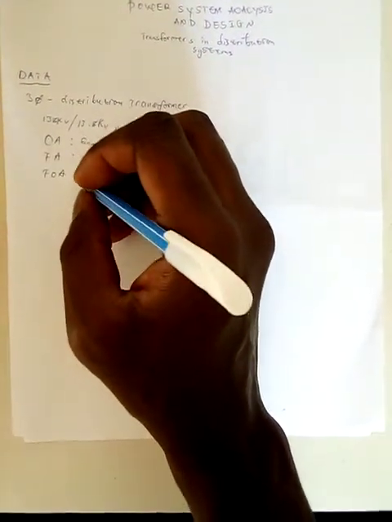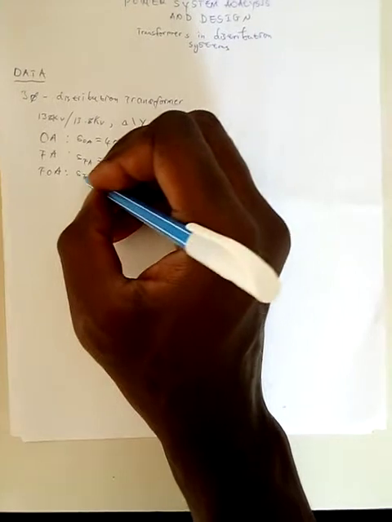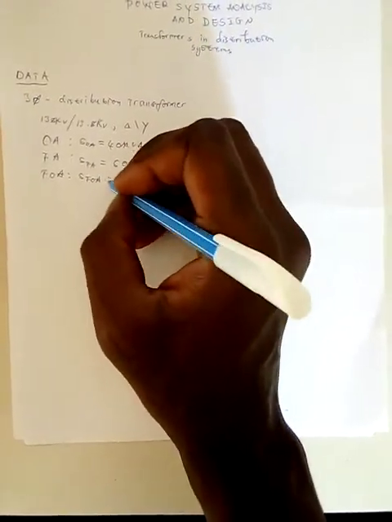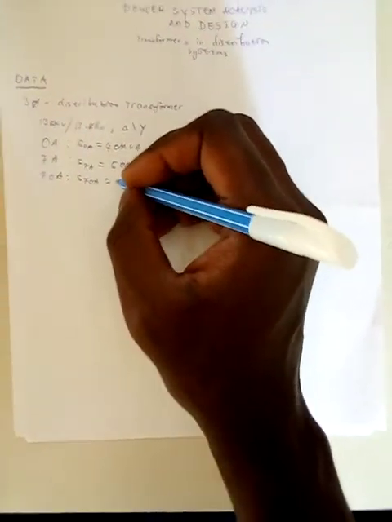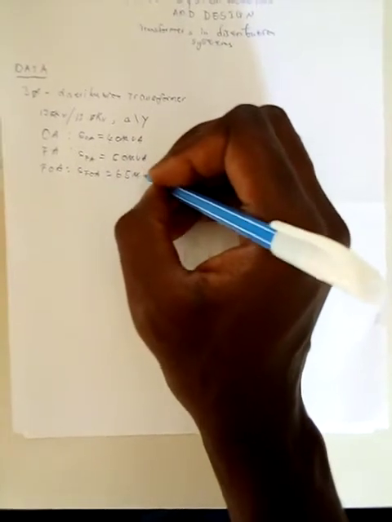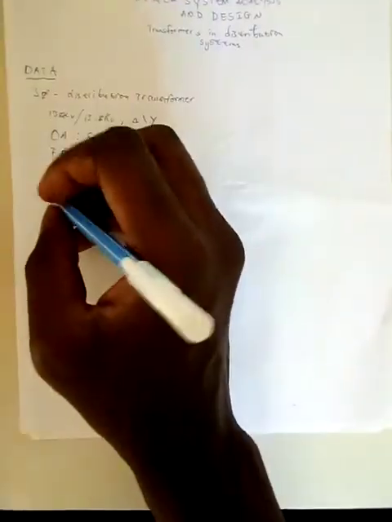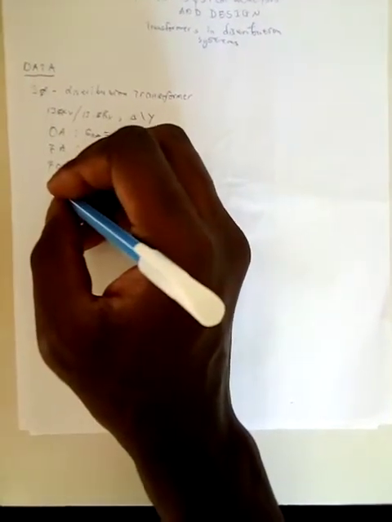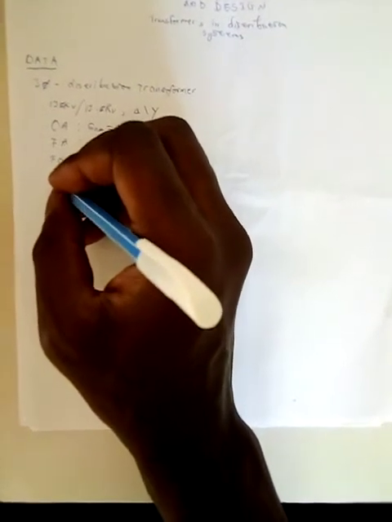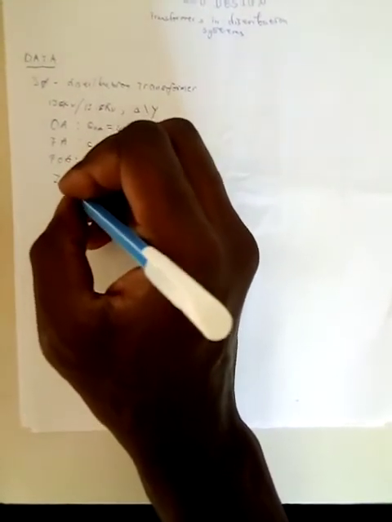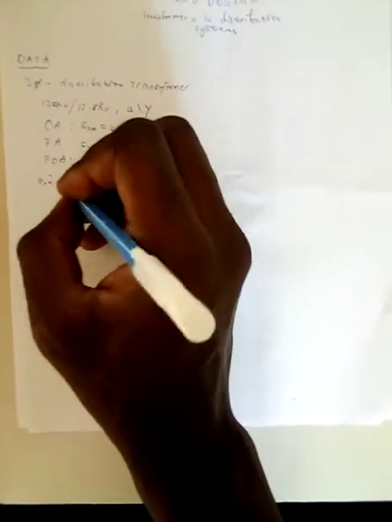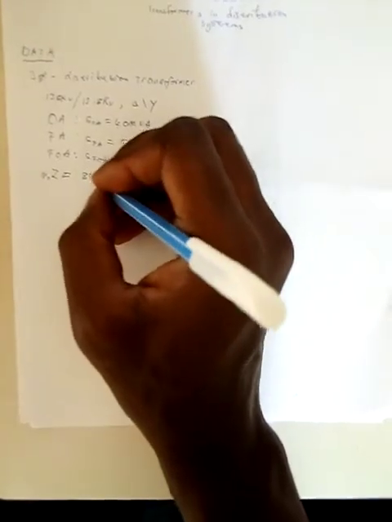And for FOA, SFOA, it's 65 MVA. The other thing given is the per unit impedance in percentage. So we have percentage Z equals 8%.